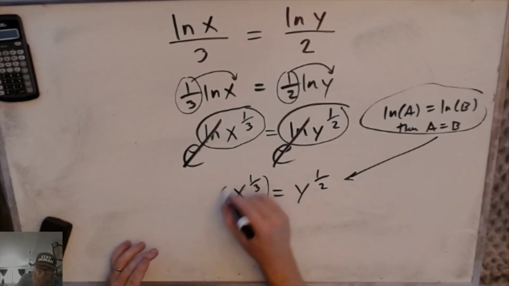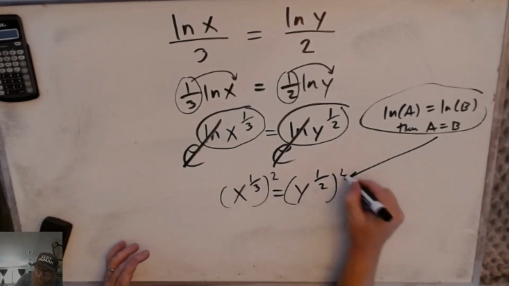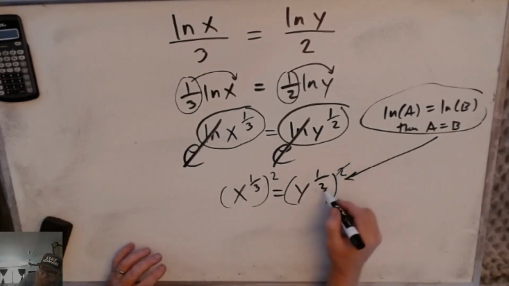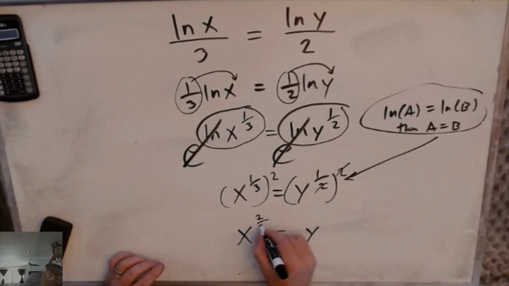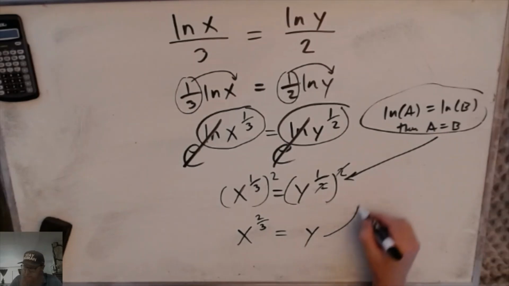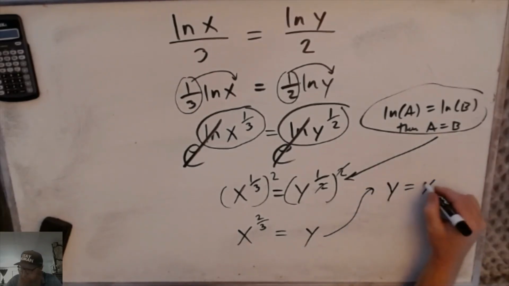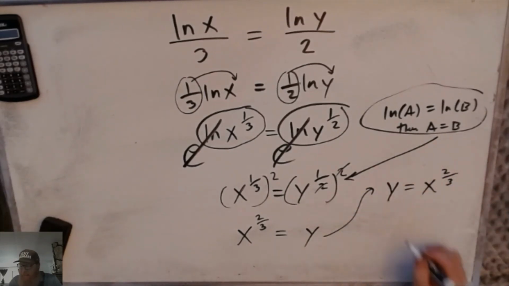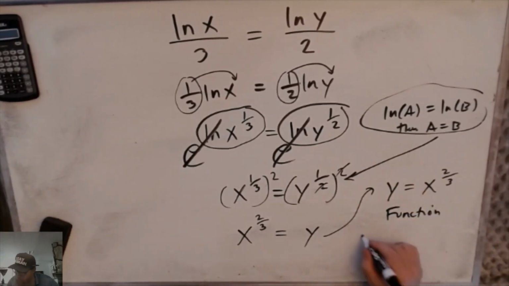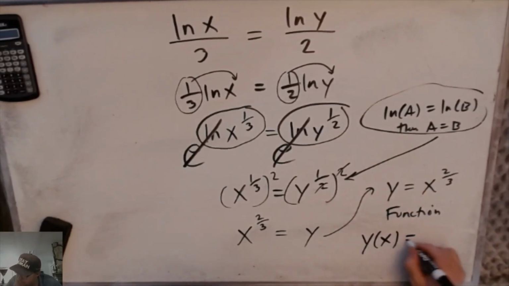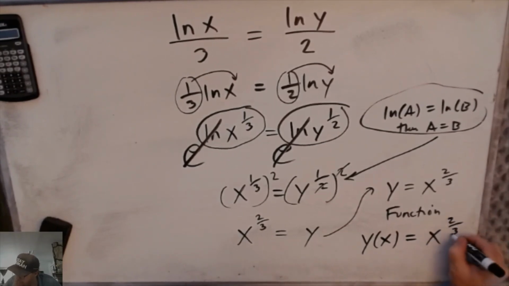But now you want to square both sides to get y by itself. And so you get y is equal to x to the 2/3. Since it's a function, I'm going to say y of x is x to the 2/3.